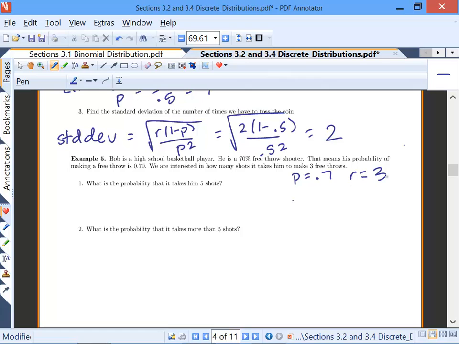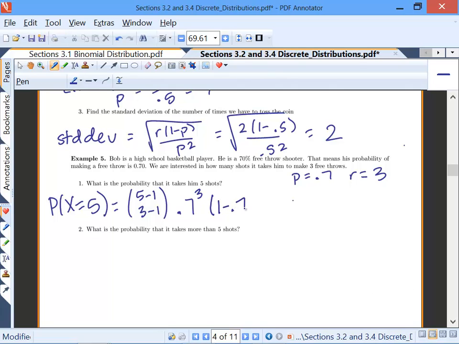So what is the probability that it takes him 5 shots? We're looking for the probability that x equals 5. When we start our formula, it's x minus 1, so 5 minus 1 choose r minus 1. And then at this point, I usually try and do it by logic. The probability of him making it is 0.7, and I need him to make 3. Then what's the probability of him missing?